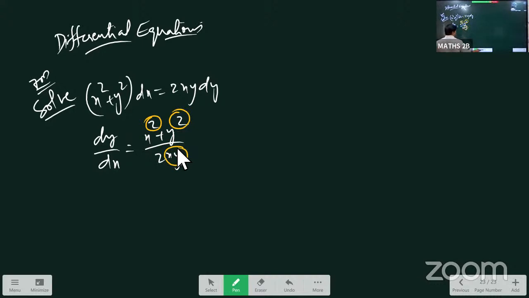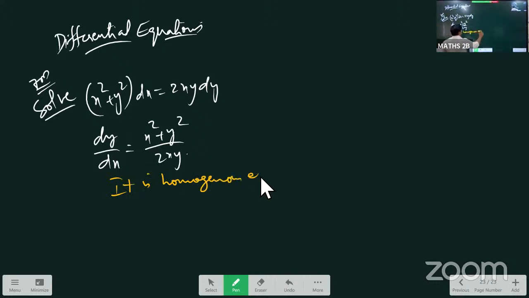So whenever each and every term has equal degree, not only 2, if I'm having 3, each and every term's degree should be 3, then we say that it is a homogeneous equation. So here it is a homogeneous equation of degree 2.